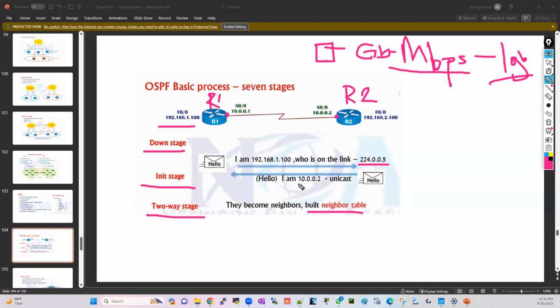In the first packet, all the information of the neighbor is sent. It says, oh, I'm using this number, because this side is not known to the neighbor.